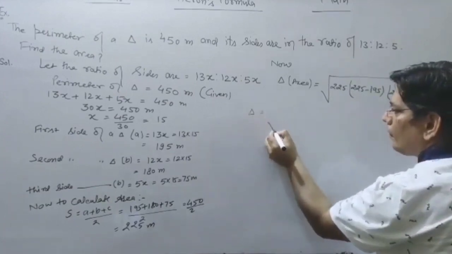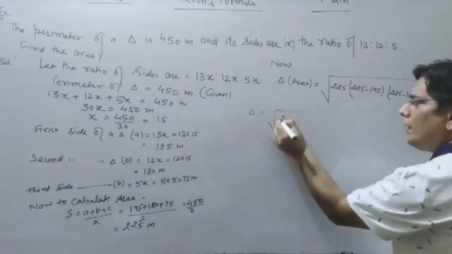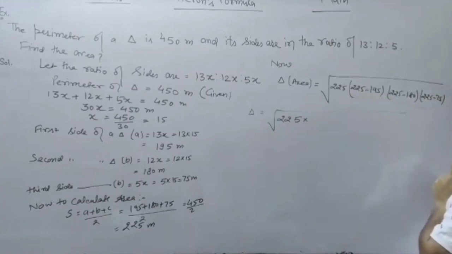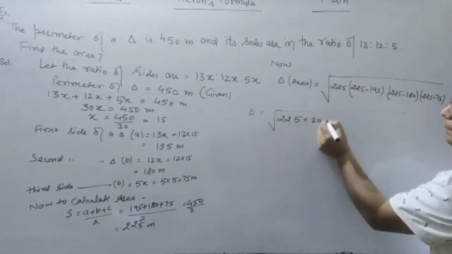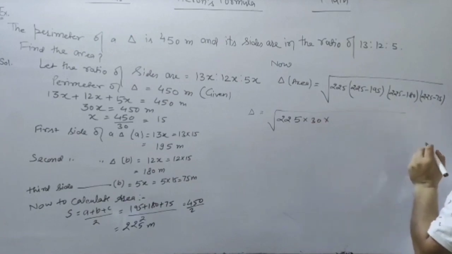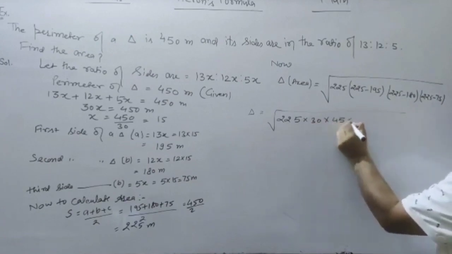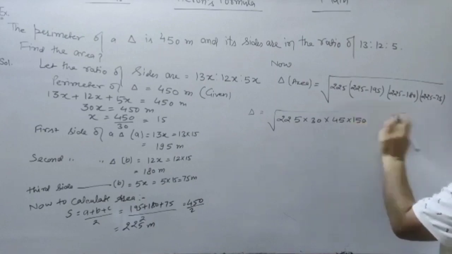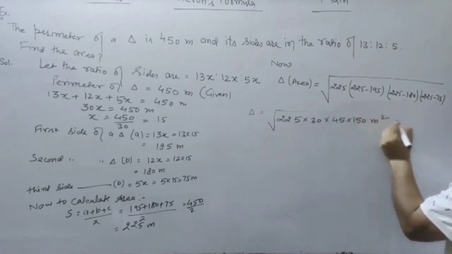Now what we get: 225 into 225 minus 195 will be 30, 225 minus 180 means 45, and again 225 minus 75 is 150, and that will be in meter square.